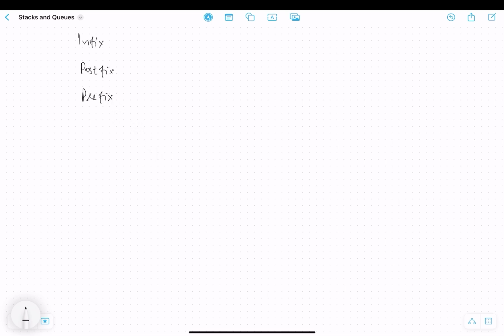Infix means the operators, that means plus, minus, divide, multiply, all these things, will come in between the operands. So 3 plus 5 is in infix notation. Postfix notation means 3 5 plus, and the prefix will be plus 3 5.